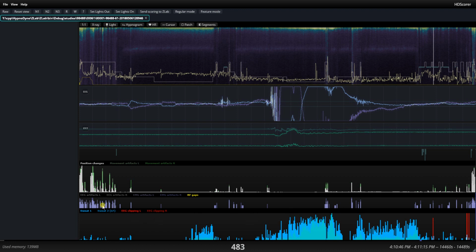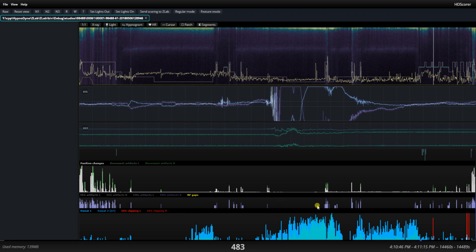Then below that we have artifacts, several types of artifacts indeed. This recording was acquired with the memory card mode, so there are no gaps in the radio signal, so you don't see any yellow. If this was a radio recording and, for example, you place the computer too far away from the transmitter, you might see some yellow marked epochs. But in this case, we only have regular artifacts.